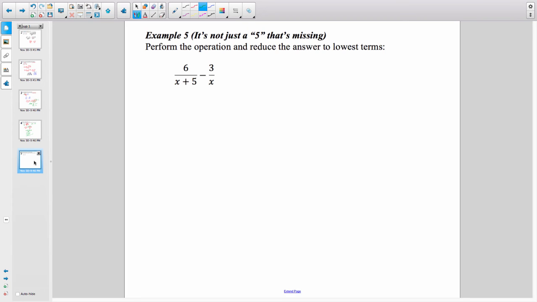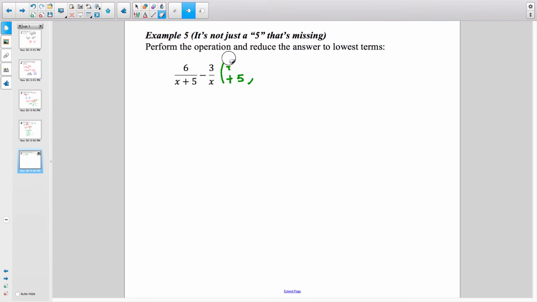On this one I said it's not just a 5 that's missing, because what I see often is that students love to do this. They just multiply top and bottom by plus 5 because they think, hey, my lowest common denominator must be x plus 5, and this guy just needs a plus 5 next to it. All right, so that's not the case.